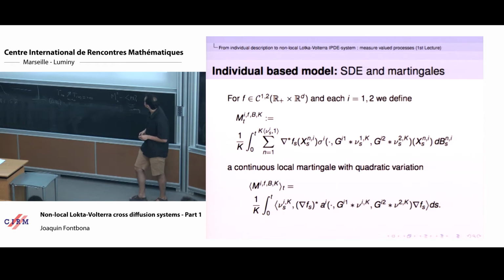Okay, so that's what we call the quadratic variation, and it is an interesting object because it allows you to control the magnitude of the martingale, in terms of its fluctuations. You should think of something controlling the fluctuations of the process.